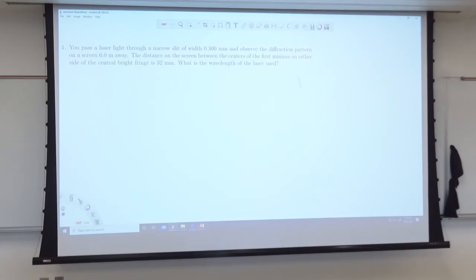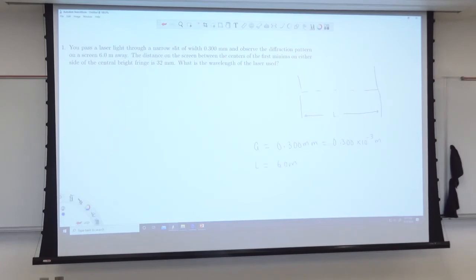So that's the single slit, and we have the screen here. That's the central line. The narrow slit has a width of 0.300 millimeters, so that's 0.300 times 10 to minus 3 meters. And then we see the diffraction pattern 6 meters away from the slit. So that's the distance between the slit and the screen, 6 meters.